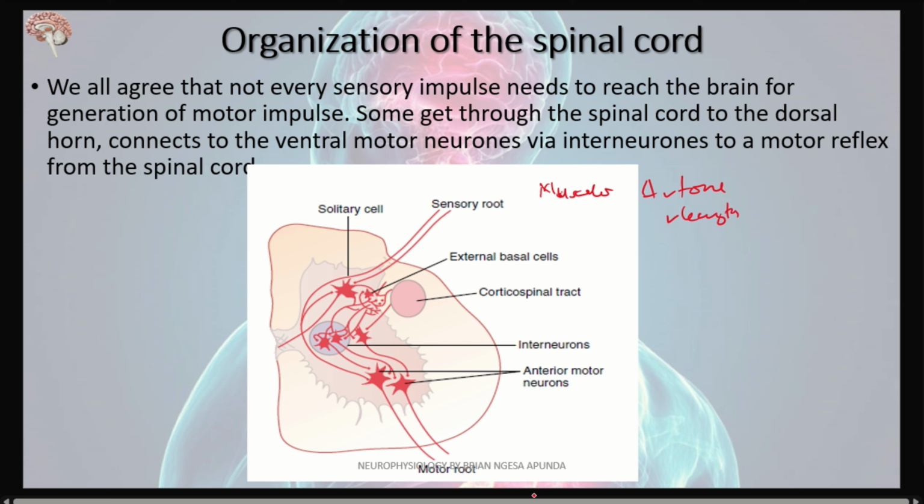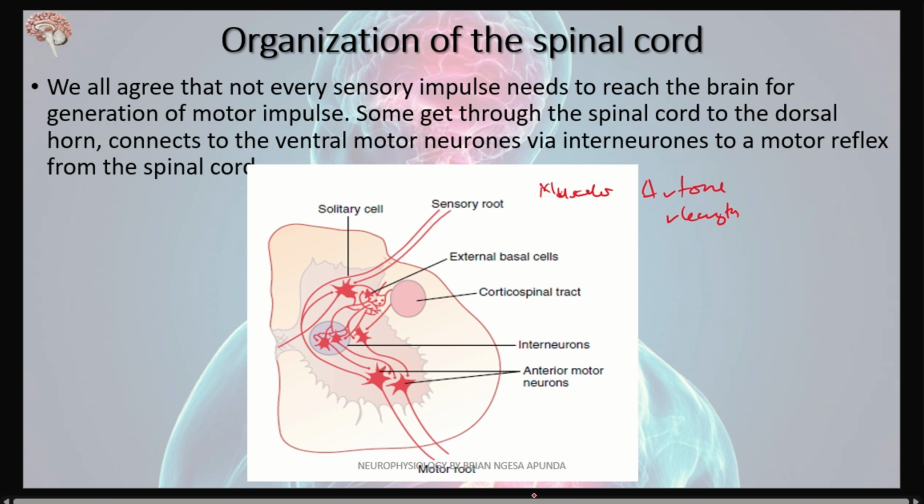This gets into the spinal cord, they join the interneurons, and through the interneurons they stimulate the motor neurons. But sometimes you can get the sensory neurons getting into the spinal cord without using the interneuron. They just join the anterior motor neurons directly. This represents a shorter pathway compared to the other pathway, where you need to join the interneuron before you stimulate the motor neuron.